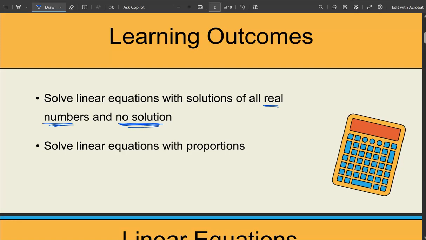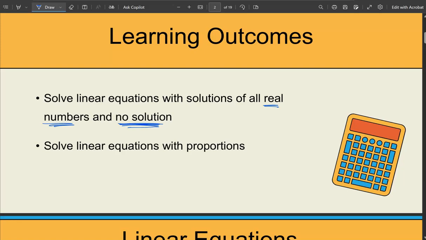And we might even have a situation where there's no solution. And so we're going to have 2 different situations where we're not going to get just one solution like we have in the past. We're going to have a situation where the answer is going to be all real numbers, and a different situation where there will not be any solution whatsoever.